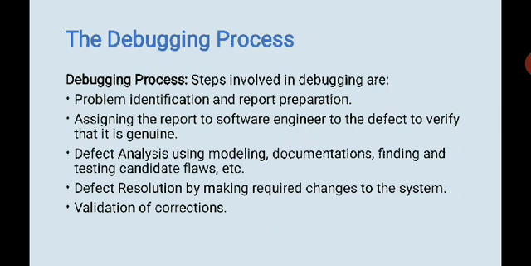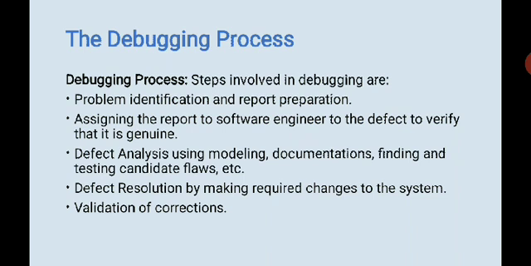Then you assign the report to the software engineer to verify that it is genuine. You give it to the engineer and say that this is what I have found and these are the genuine faults in the system. Then defect analysis is done using modeling, documentation, finding, and testing candidate flaws, etc. You try to model it, document it, then find and test the candidate flaws.